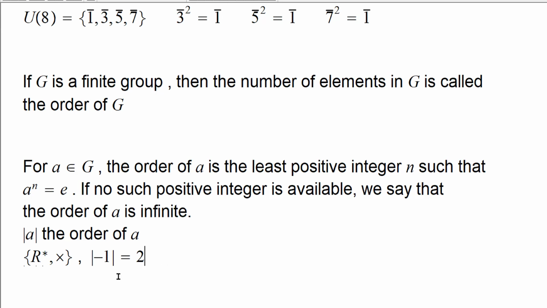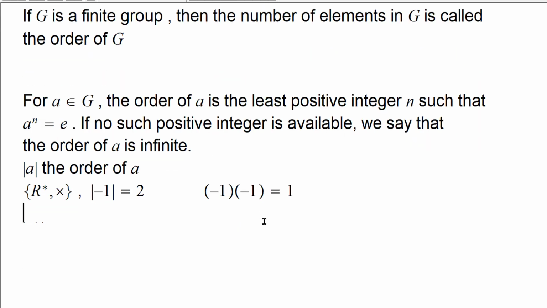Here there is an anomaly in symbols, because I'm writing the order of -1 is 2 because -1 times -1 is 1, and 2 is the smallest such number, right? On the other hand, if you want to see the order of, say, the element 5, that's going to be infinity.